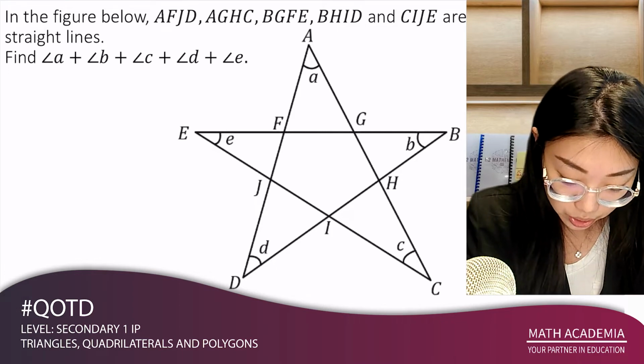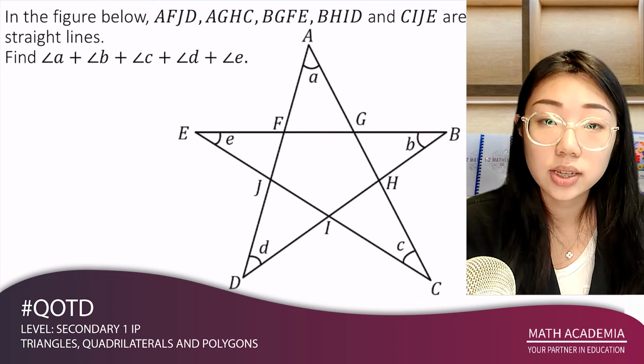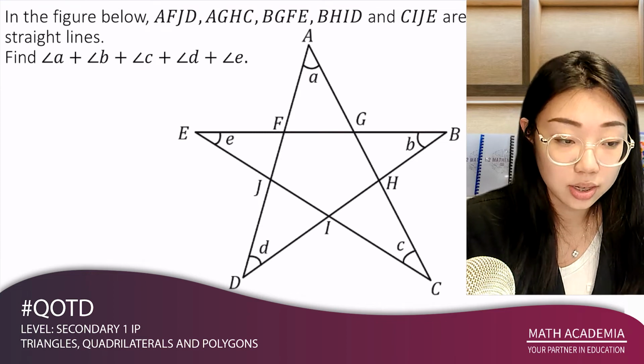So we know that angles in a triangle add up to 180 degrees.